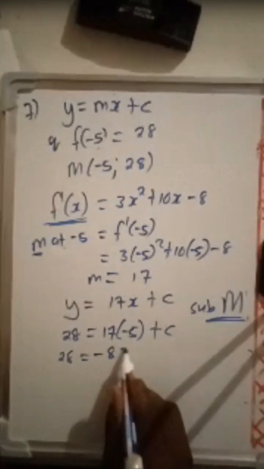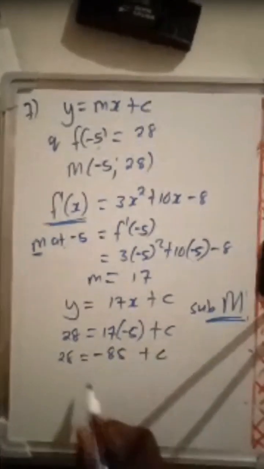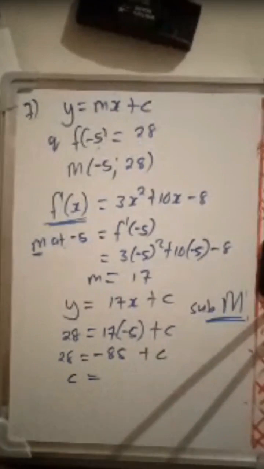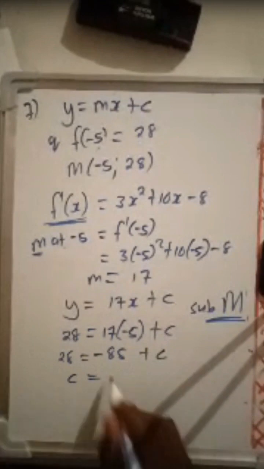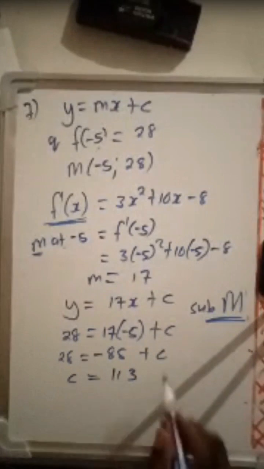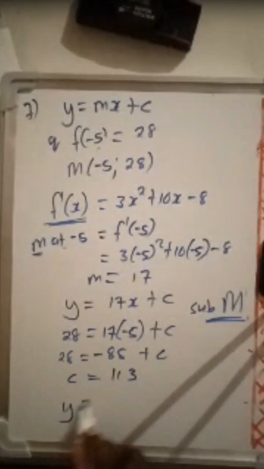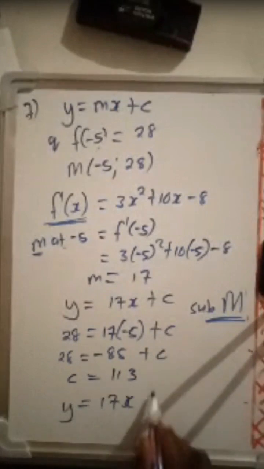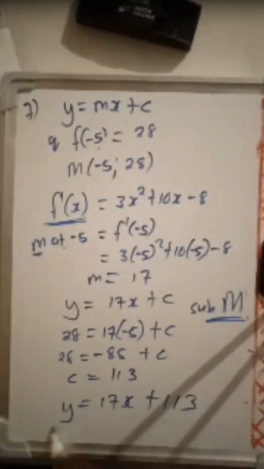So c is equal to 28 plus 85. 85 plus 28, it's 113. So it means the equation is y is equal to 17x plus 113. That is how we get it.